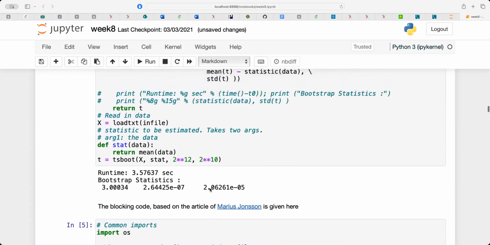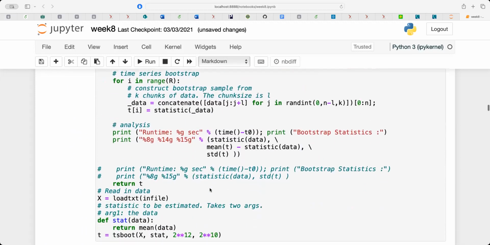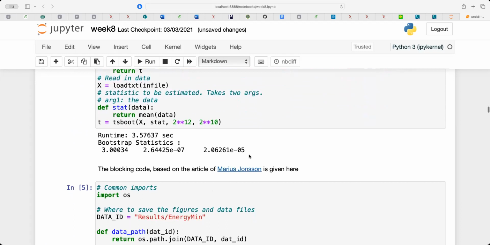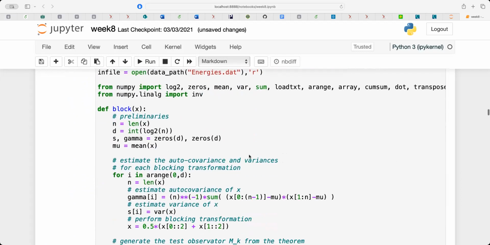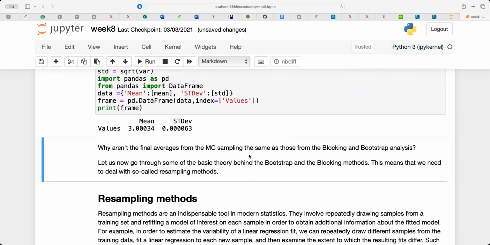It's a little bit bigger than the one which we have for the bootstrap method. So we have a standard deviation which is only slightly bigger here. So feel free to use these tools. And now we need to discuss a little bit what it means.